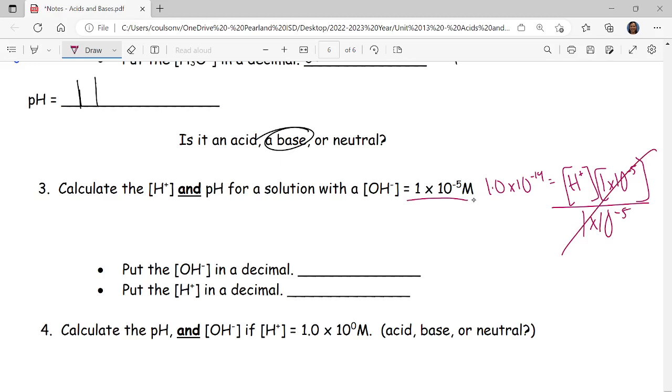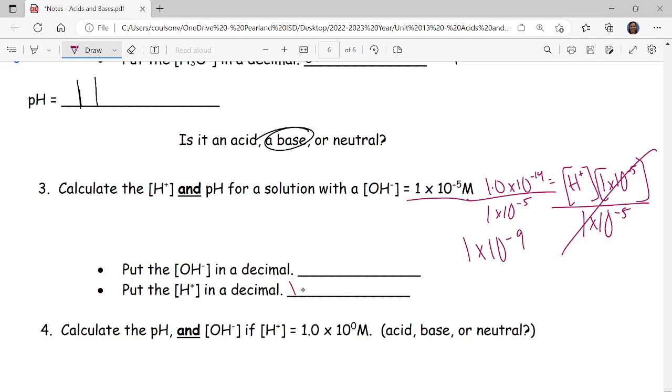Those will cancel. So then I have negative 14 minus a negative 5, negative 9. So 1 times 10 to the negative 9th equals my hydrogen ion concentration.